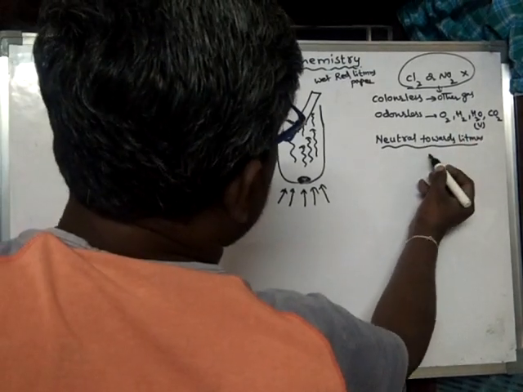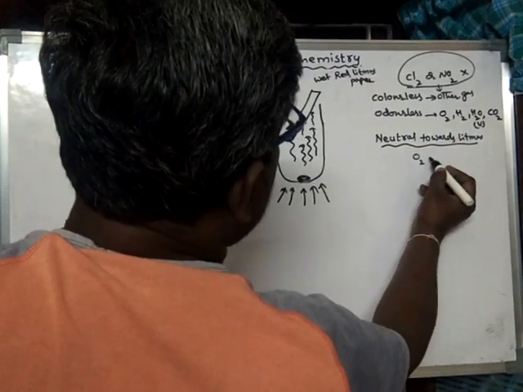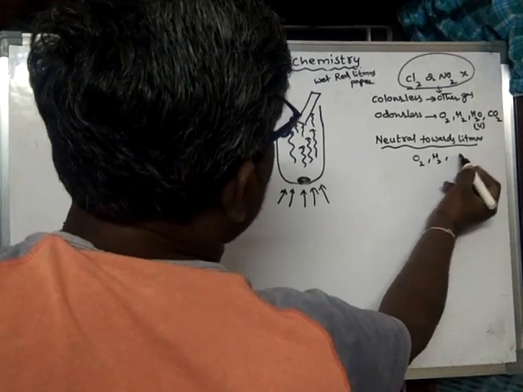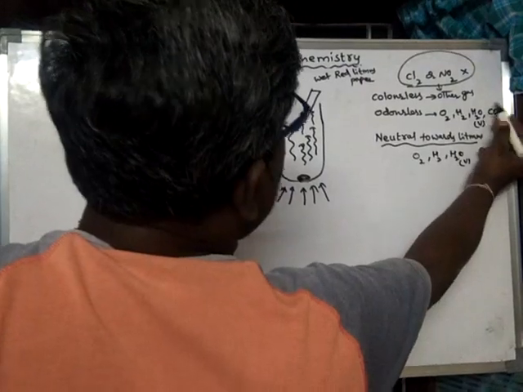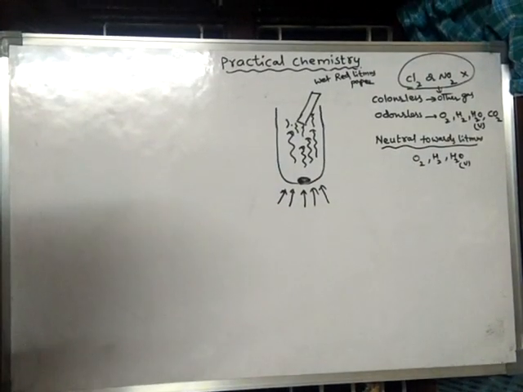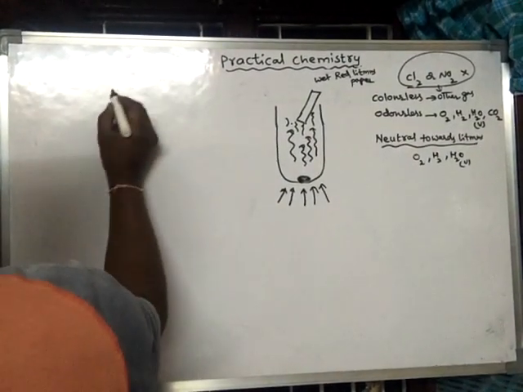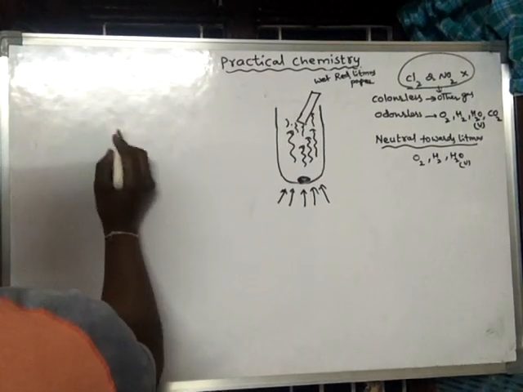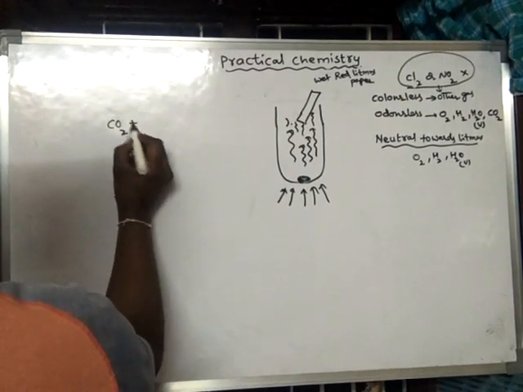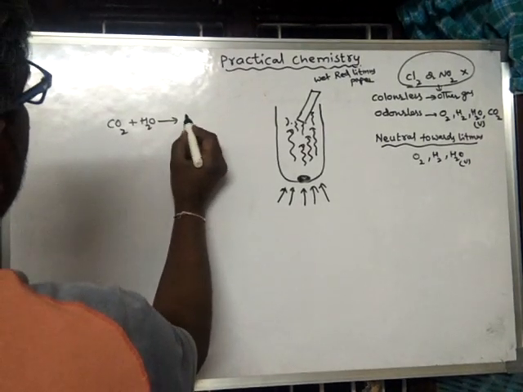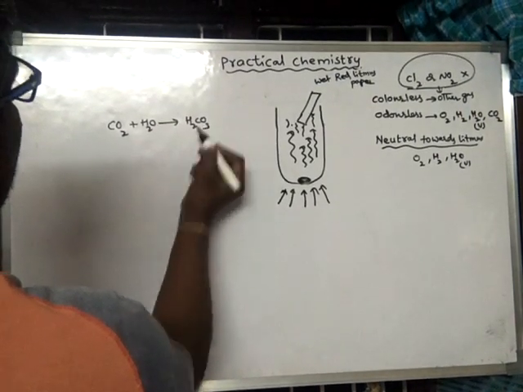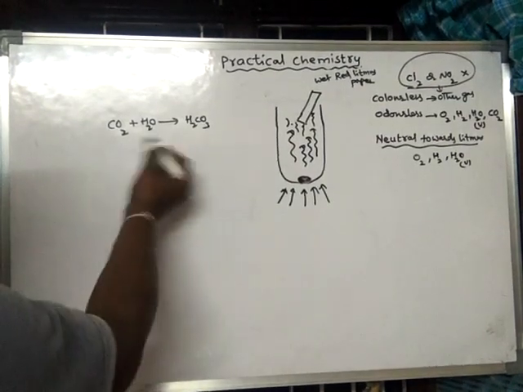Which gases are neutral towards litmus? Hydrogen, oxygen and water vapor, because carbon dioxide is an acidic gas. Carbon dioxide, CO2, when it reacts with moisture, converts into carbonic acid. It is an acidic gas.